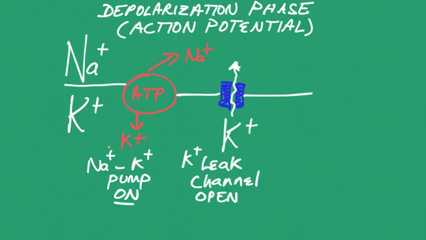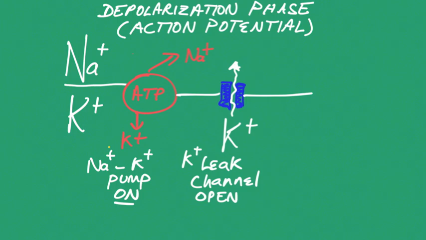Let's do a quick review of the distribution of ions and the protein pumps and channels that are involved in the depolarization phase of the action potential. Remember, there's always more sodium outside the cell and there's always more potassium inside the cell. The sodium-potassium pump that is shown in red is always functional.